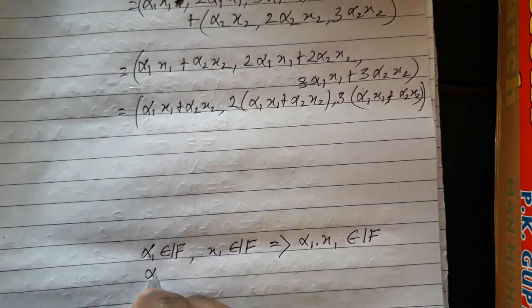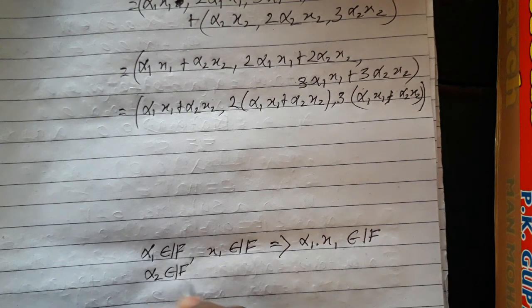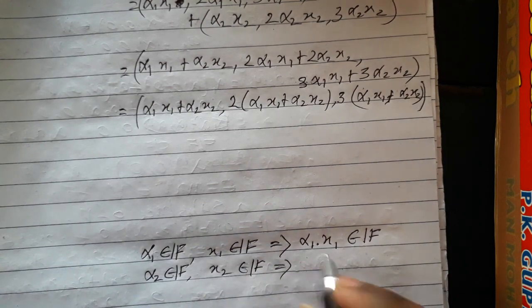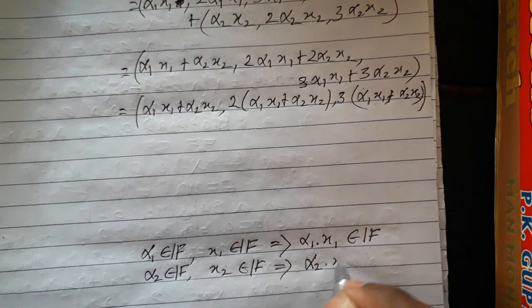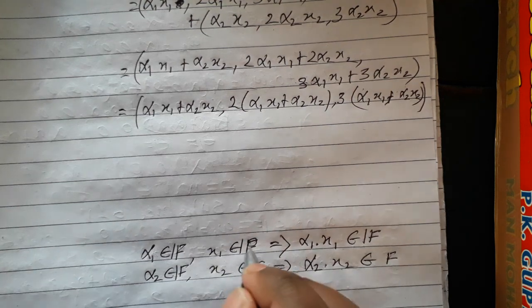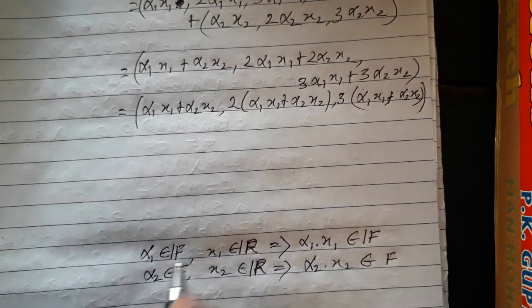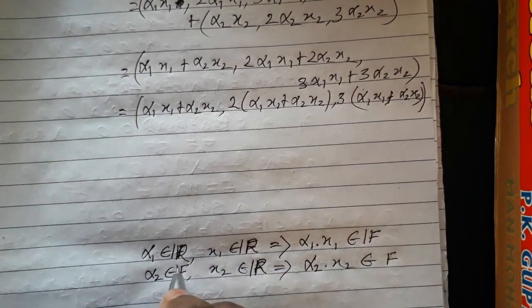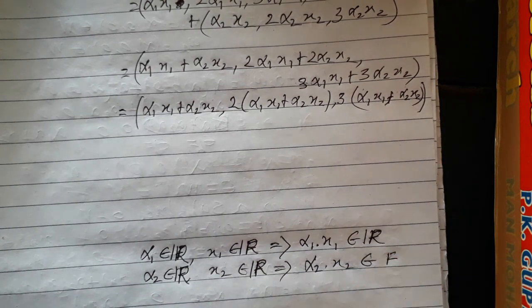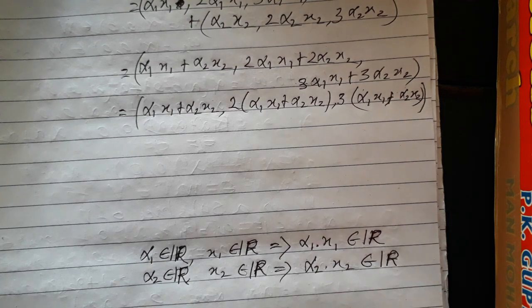In the same way, alpha 2 belongs to the field and x2 also belongs to the field, so alpha 2 into x2 also belongs to the field. Here the field is the real numbers, so we are taking R. Alpha 1 belongs to R, alpha 2 belongs to R, so this product also belongs to R.